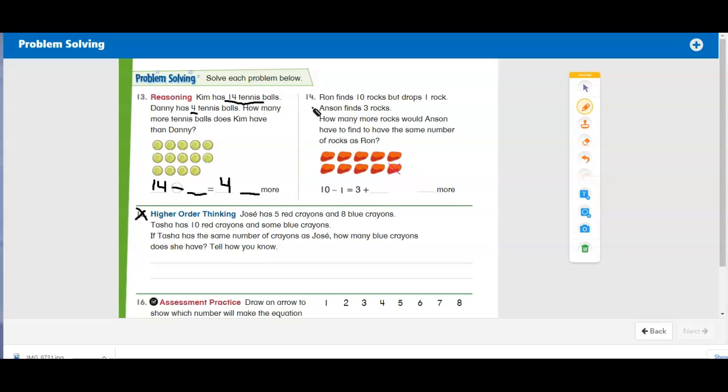Number 14 says Ron finds 10 rocks but drops 1 rock. Let's think about that really quick. If Ron finds 10 rocks and drops 1 of them, how many rocks does he have now?